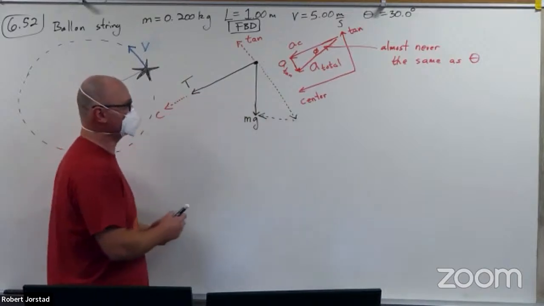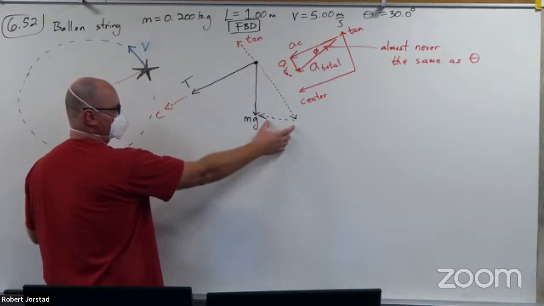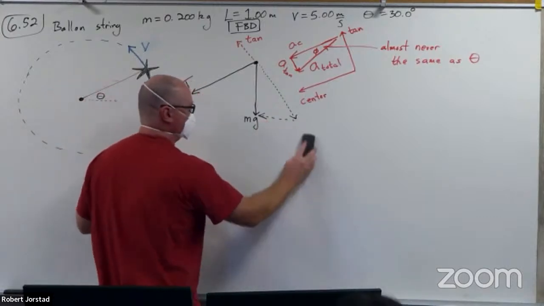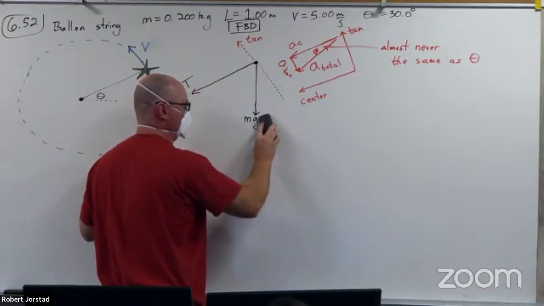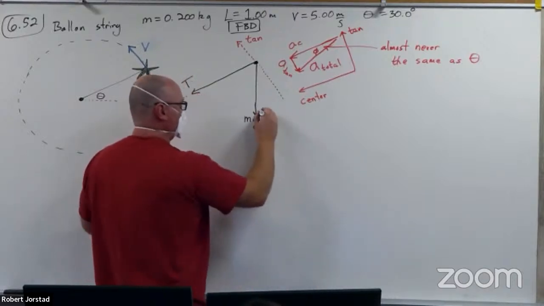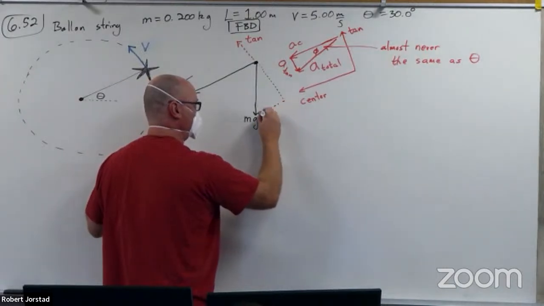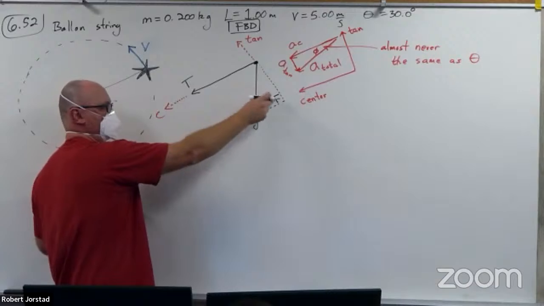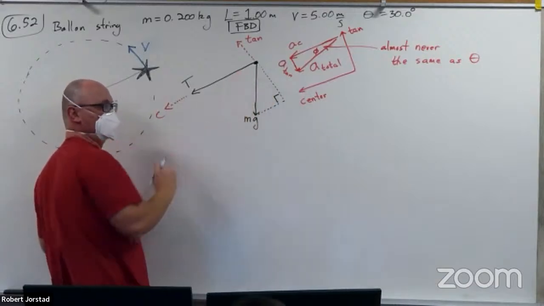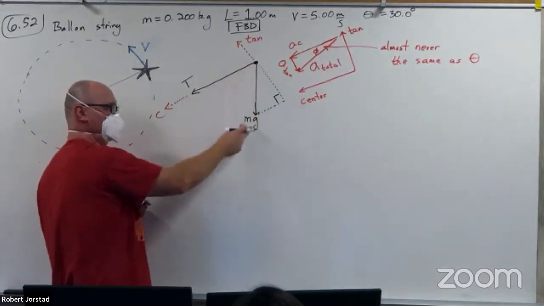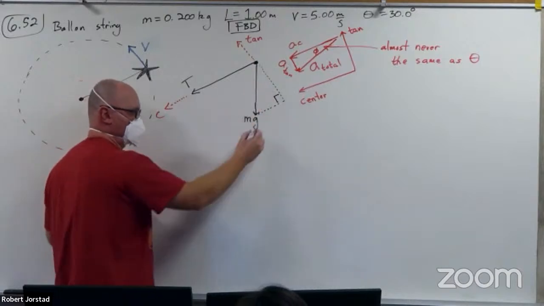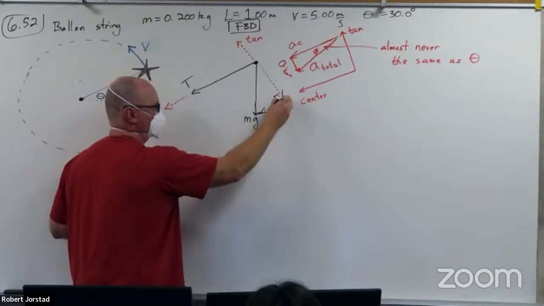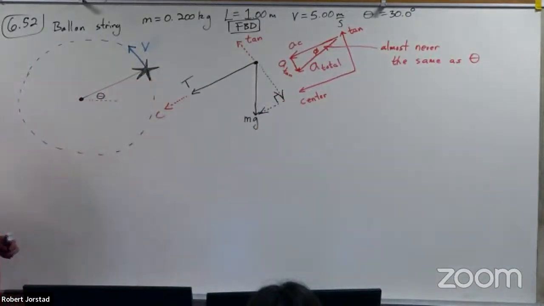No, this is not right. Is this parallel to my coordinate system? No, that's a problem. That's the most common mistake people make. Now it's looking better. It might not be perfect. The hypotenuse should be opposite the right angle, should be the original vector. So basically, the original force vector should always be opposite the right angle. Good enough?